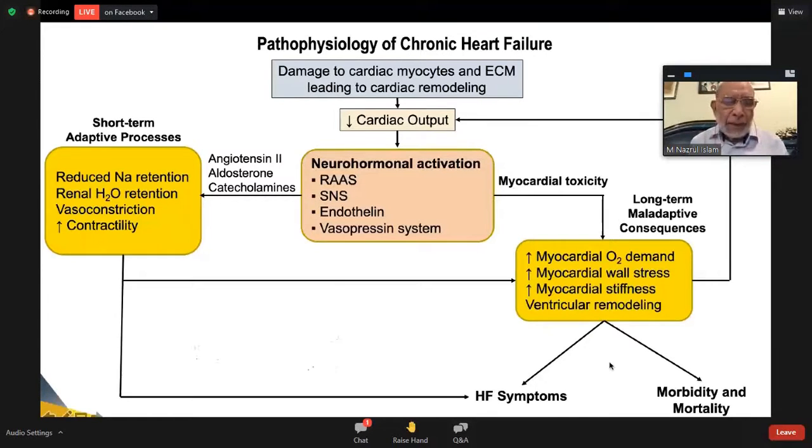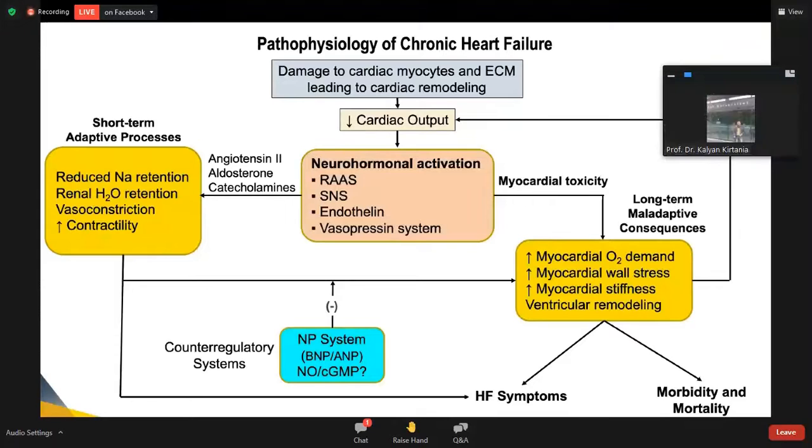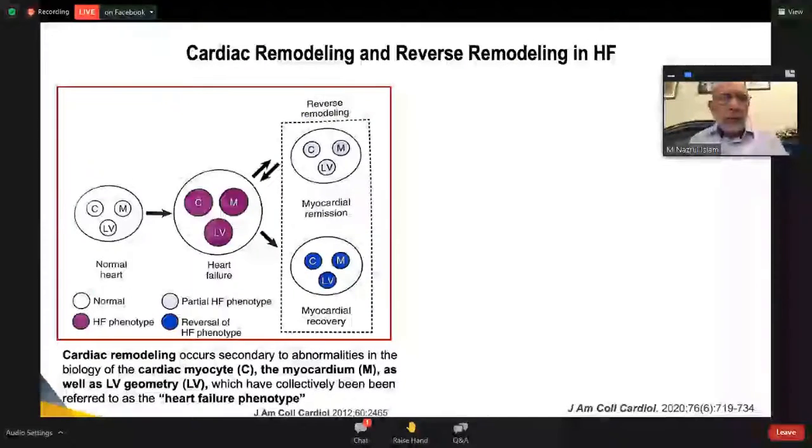At the same time, there are other systems, like the natriuretic peptide system and nitric oxide, cGMP, which are also cardiac regulatory systems. Initially these two types of systems balance each other, but ultimately with maladaptive consequences, heart failure occurs. Let us recollect cardiac remodeling and reverse remodeling.